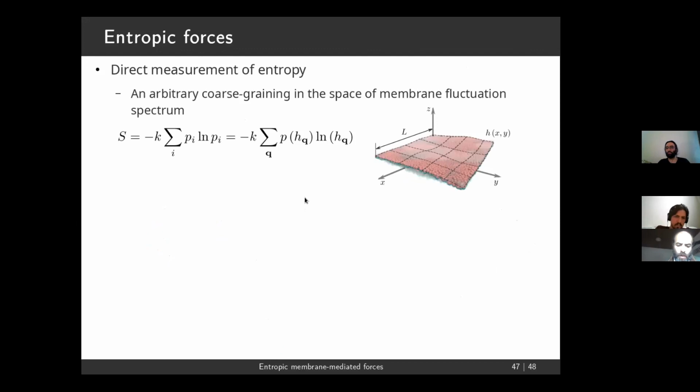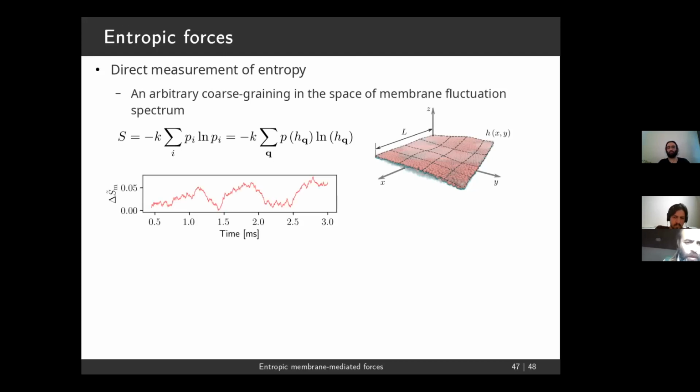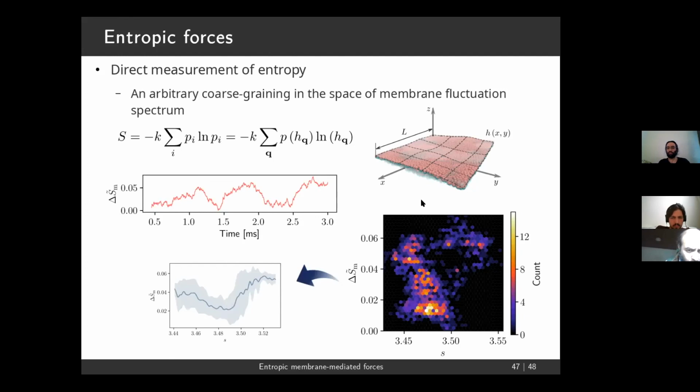I also looked at the entropy in the space of membrane configurations to make sure that this claim has some correlation to the fluctuations of the membrane. So I tried to directly measure the entropy based on the probability distributions in the modal space of these fluctuations. These are a bit preliminary results, so take this with a grain of salt.